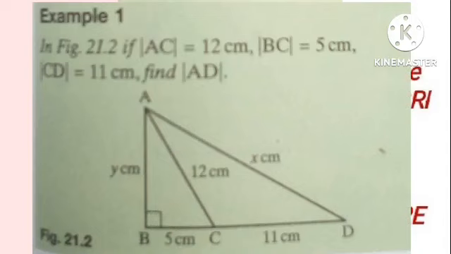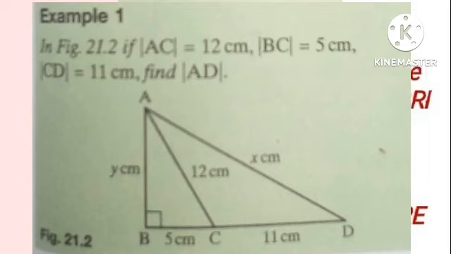Next, let's deal with an example in Pythagoras' theorem. And here we have that in figure 21.12, if AC equals 12 centimeters, BC equals 5 centimeters, CD equals 11 centimeters, we are asked to find segment AD. Now in this diagram, you can see that ABC is a triangle.